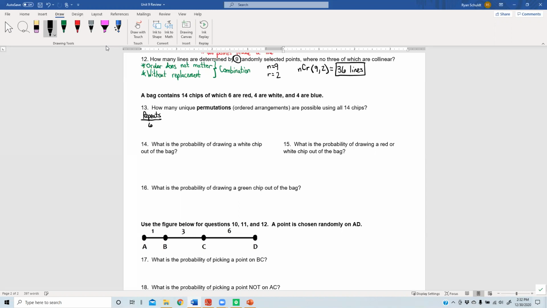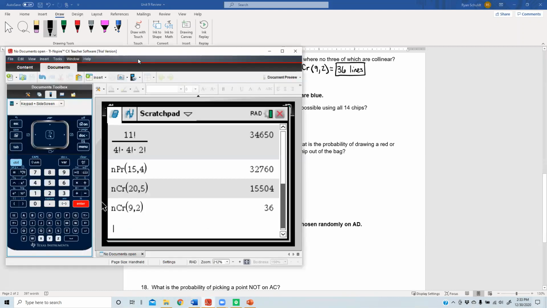So we've got 6 that are red. We've got 4 that are white. And we have 4 that are blue. Total, we have 14. So to figure out how many arrangements, we do 14 factorial divided by 6 factorial times 4 factorial times 4 factorial. Calculate that, and that's what gets you your answer. So let's see if I can maneuver this to see it. There we go.